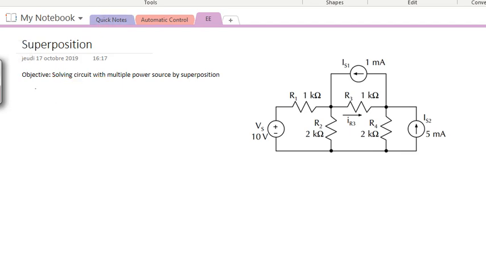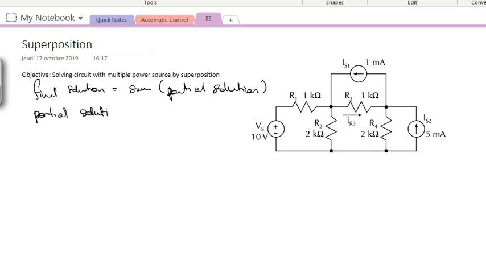At the end, the final solution is basically the sum of partial solutions, and these partial solutions are basically done by only considering one power supply at a time, right?